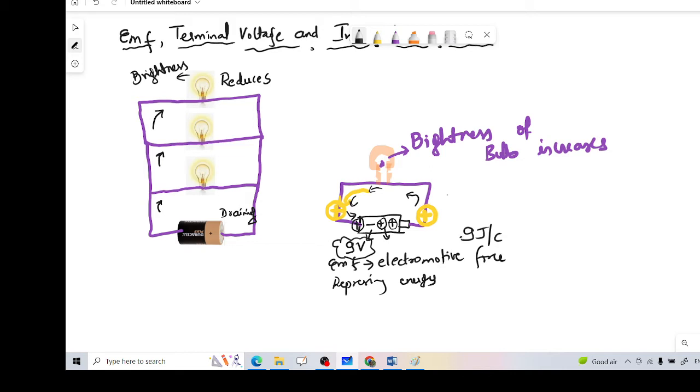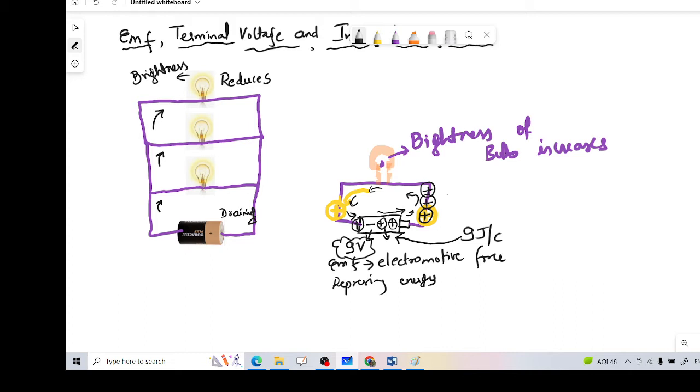Then this 9 joule per coulomb of energy plays its role and gives extra energy to the positive charge to cross the positive terminal of the battery. Likewise, this 9 joule per coulomb of charge is utilized to make the movement of positive charges inside the circuit.